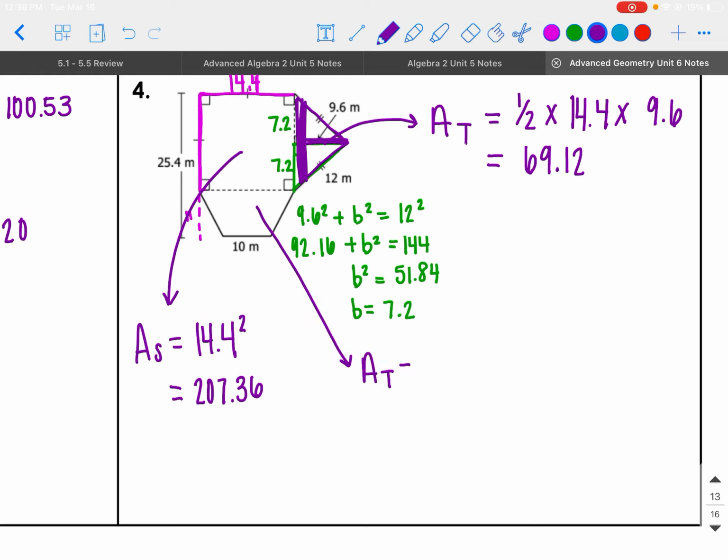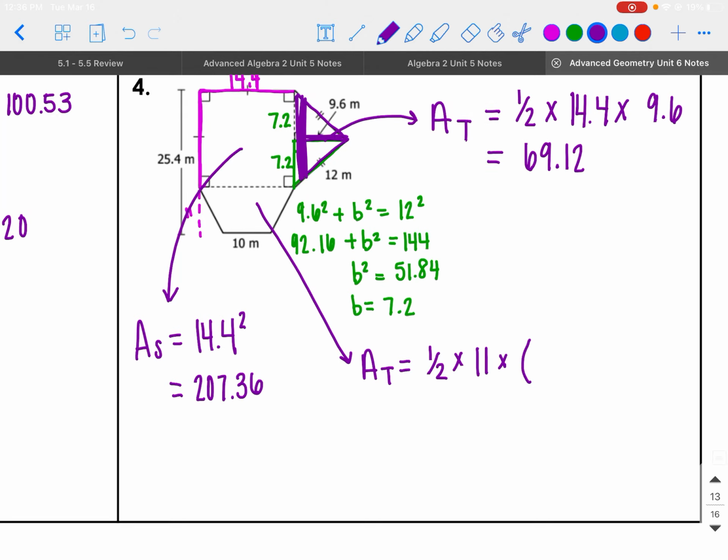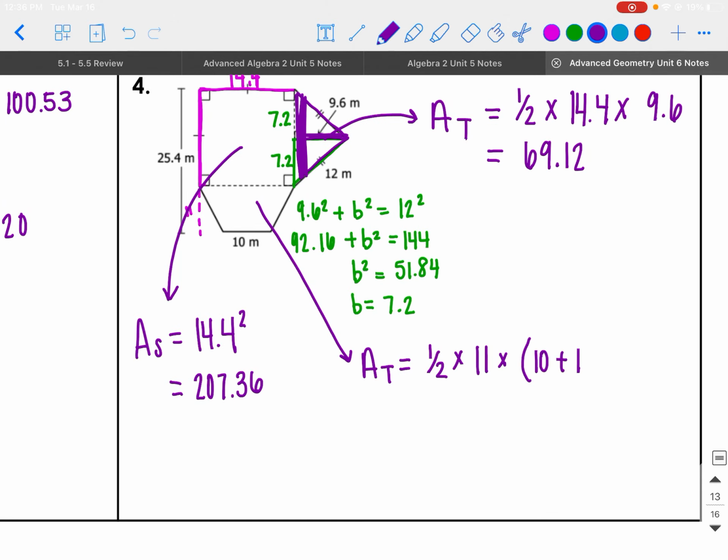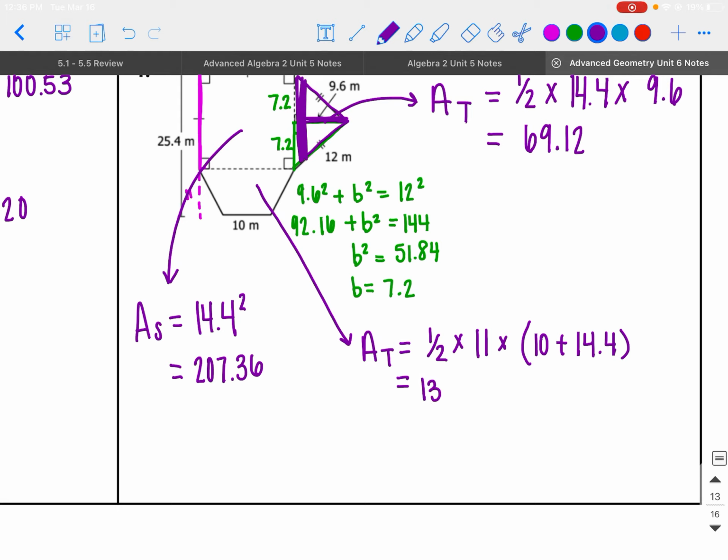And area of the trapezoid is half times the height, which we said was 11, times, and then in parentheses, base 1 plus base 2. And we get 134.2.